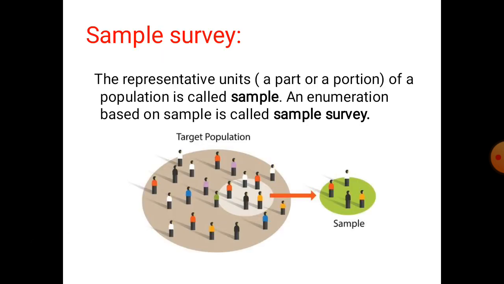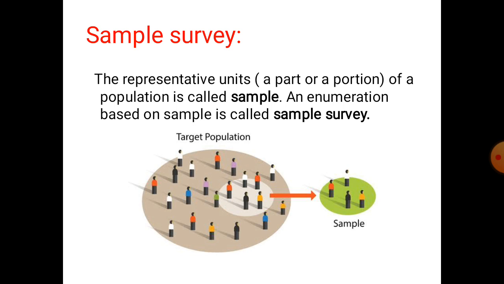Now we will see what is sample survey. To understand sample survey, first of all we should know what is sample. The representative units, or a part or a portion of the population, is called a sample. See, in this picture it is clear.